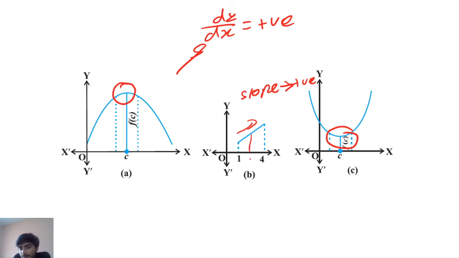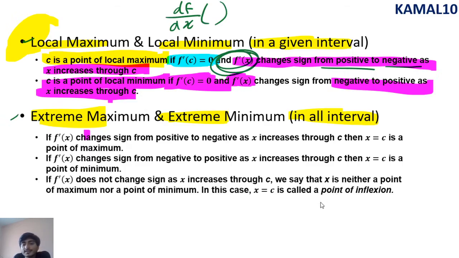If you see at c equal to 3, the signs are not changing. In that case it is called a point of inflection, meaning where we are not changing the sign at all. So you can study this one. The extreme maximum and extreme minimum, you will study about that.